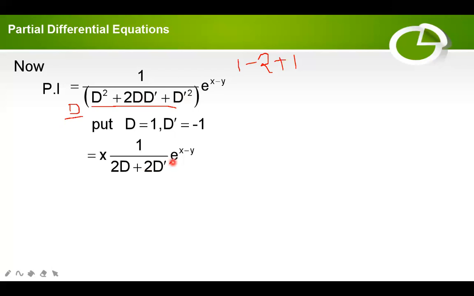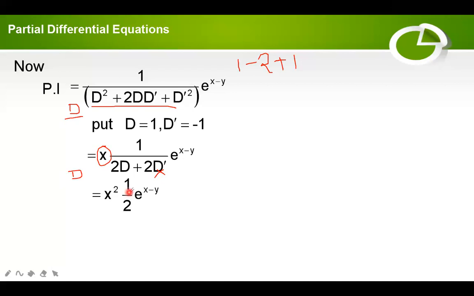Putting D equal to 1 and D dash equal to minus 1, again we get 0. Again we differentiate with respect to capital D: the D dash term is constant so it is 0, and the derivative of 2D with respect to D is 2. So we multiply by x again, and we get x square into 1 upon 2.